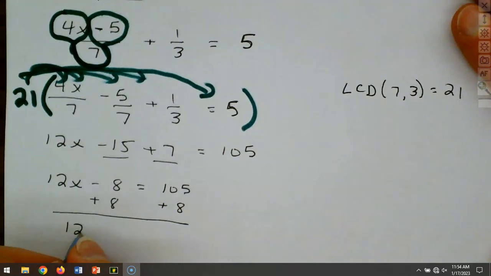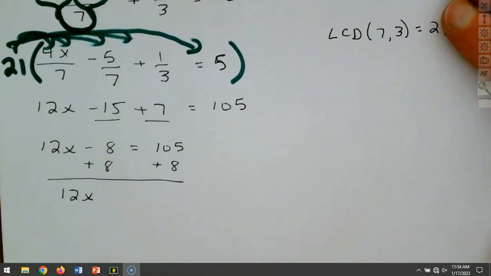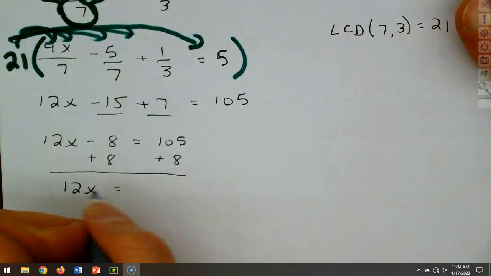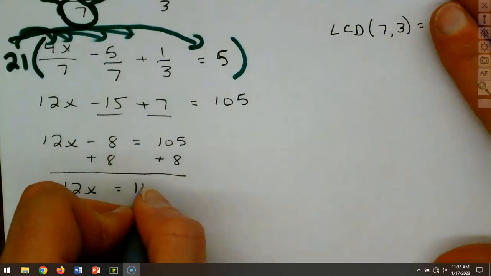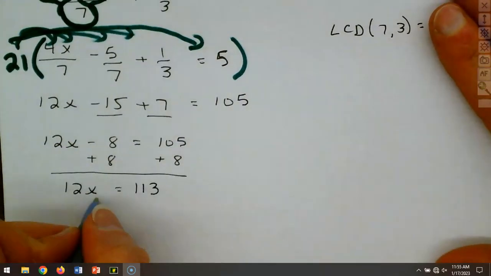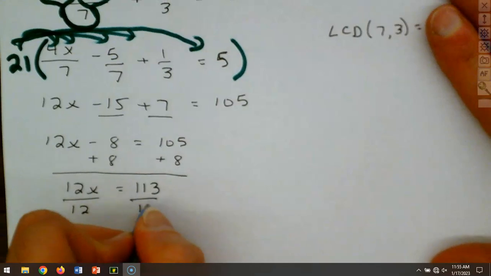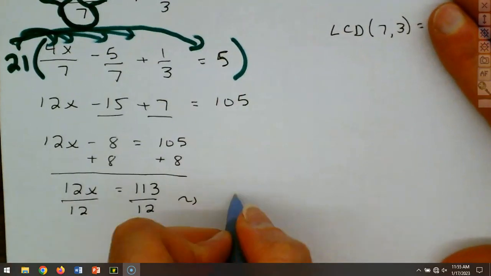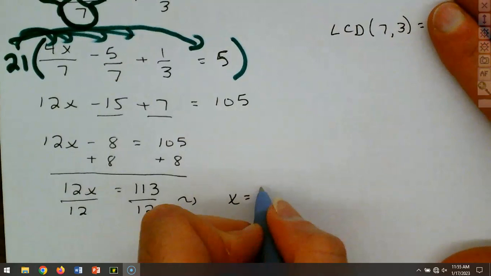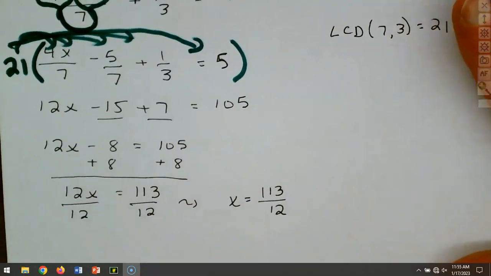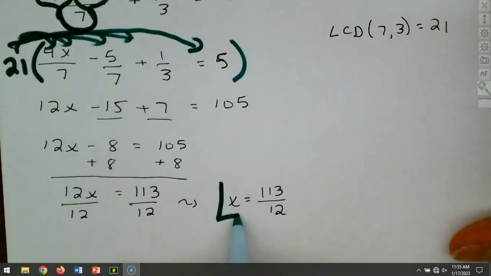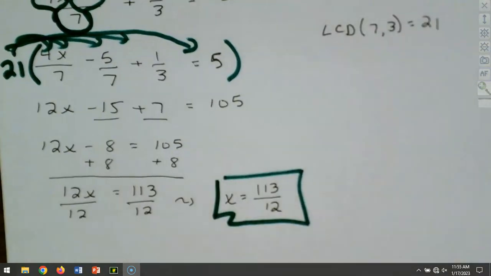And now we've got 12x, and that 12x now equals 105 plus 8. That's going to be 113. And we'll divide by 12. And that gives me x equals 113 over 12. And that's as far as you can go, right?